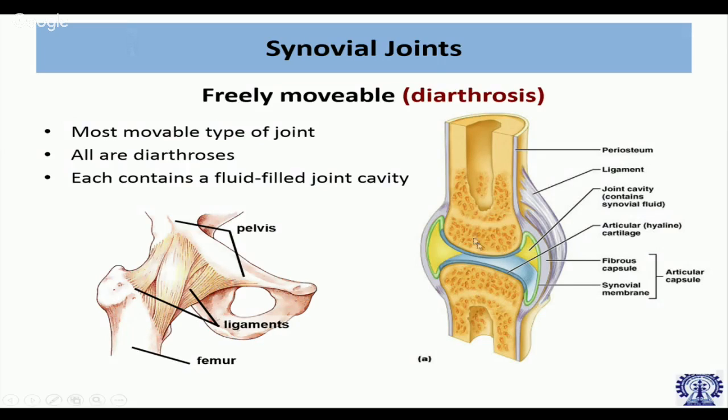Inside this joint you can see a joint cavity which contains synovial fluid, and that is the reason why it is called a synovial joint. You have a fibrous capsule as well as a synovial membrane, and this cavity is of vital importance as far as the movement or articulation of the joint is concerned.